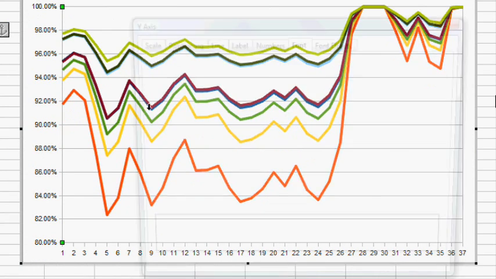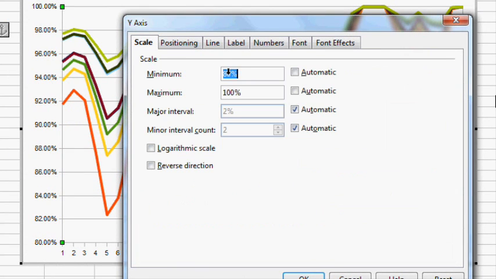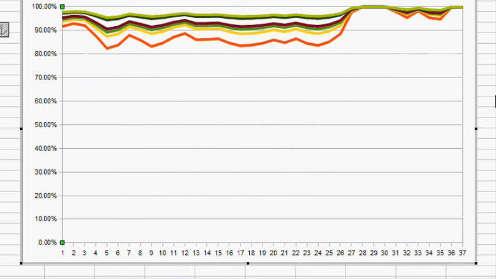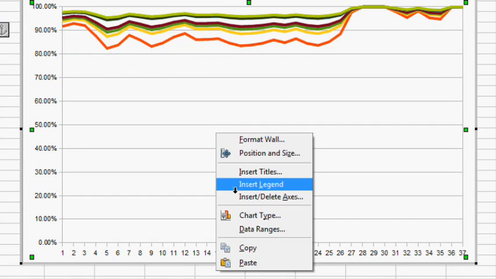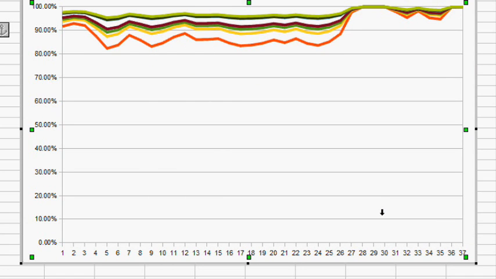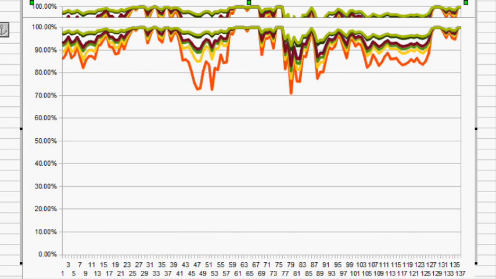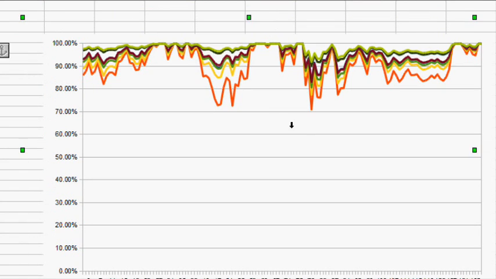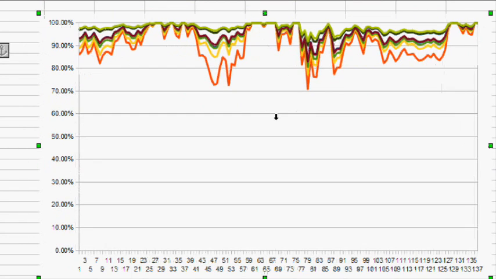So if we move this to 0% again, we would really see how embedded the market was within this time frame. Maybe we'll put in some previous dates, maybe another 100 days beforehand, and really take a look at how the movements worked. Look at this. In a period of 137 days, even the shortest term averages never went below 70.